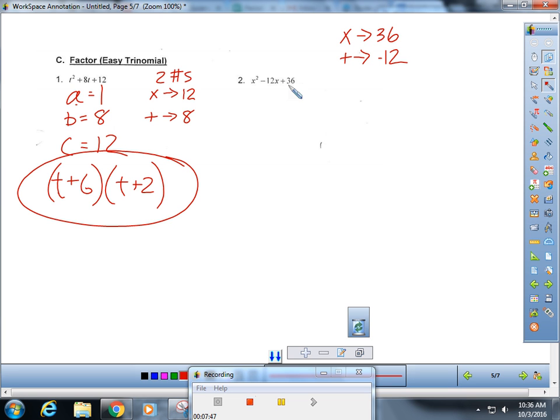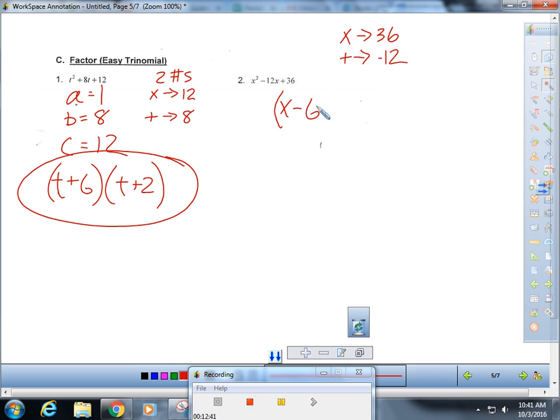Let's see, 12 times 3, that's not it. How about 6 and 6? I think that's right.